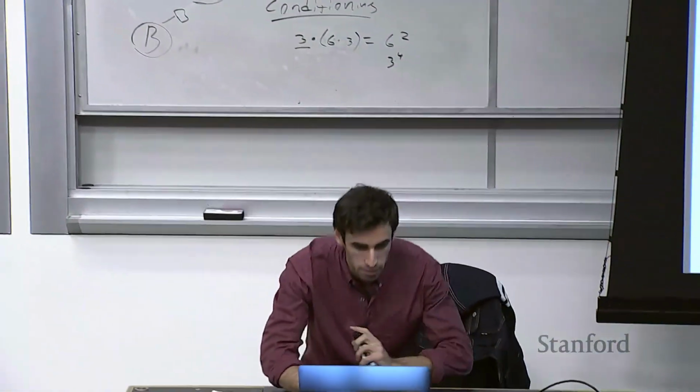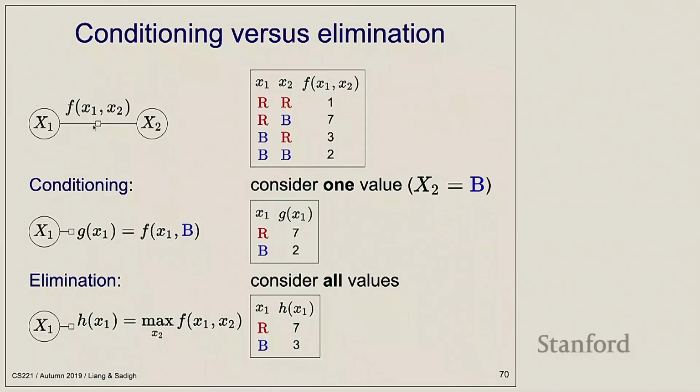So in math, what that looks like is where we used to have this binary factor, we've now ripped x2 out of the graph, and we have this new factor, a unary factor now, which internally optimizes over x2. It says, give me an x1, and as soon as you give me my x1, I'm going to spin through all my values of x2 and give you the best match for it.